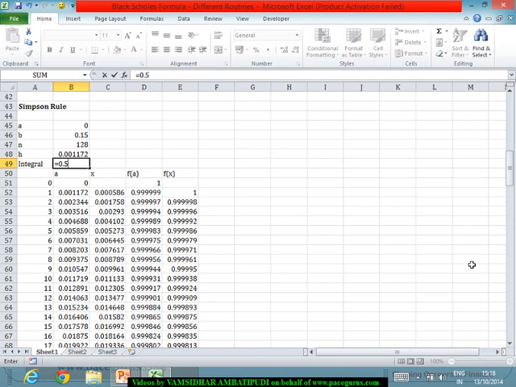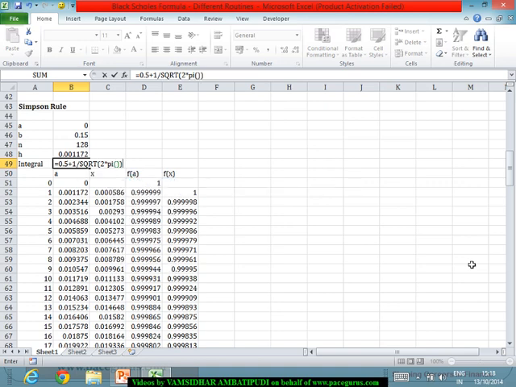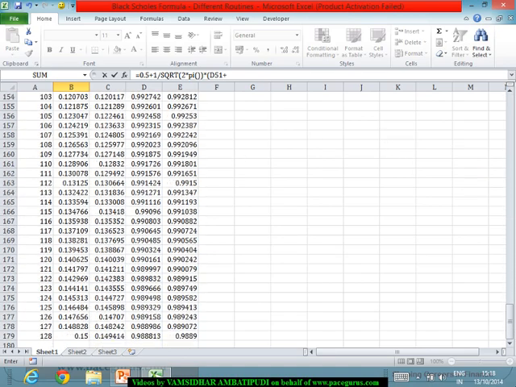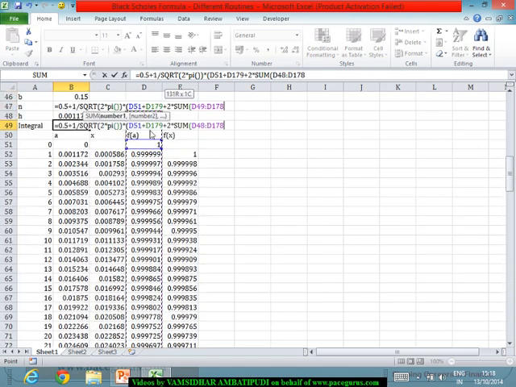So the same logic I'll try to apply. 0.5 plus 1 by square root of 2 pi multiplied by f of a0 plus f of an, plus 2 times the summation of f of a1 to f of an minus 1.